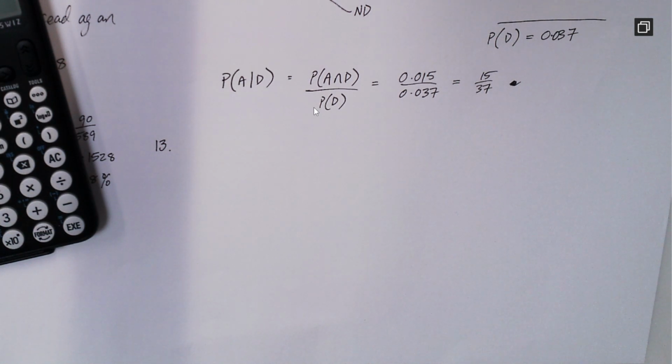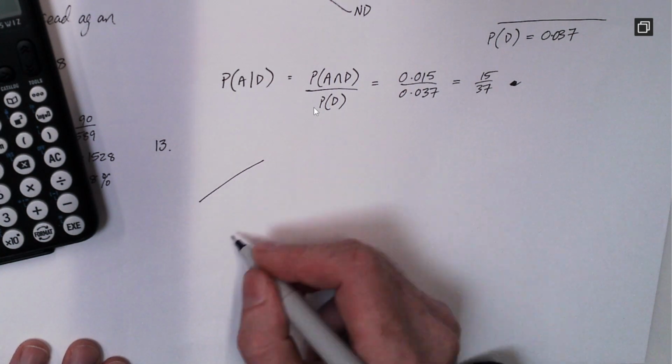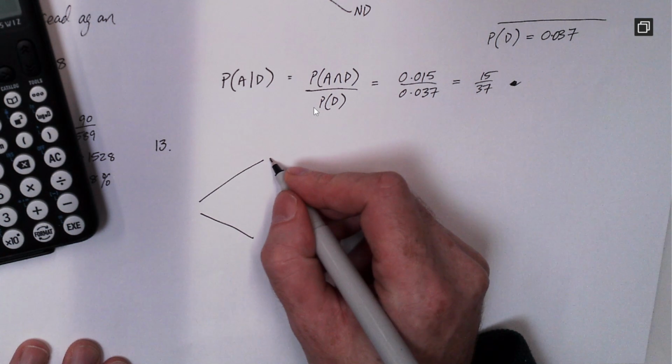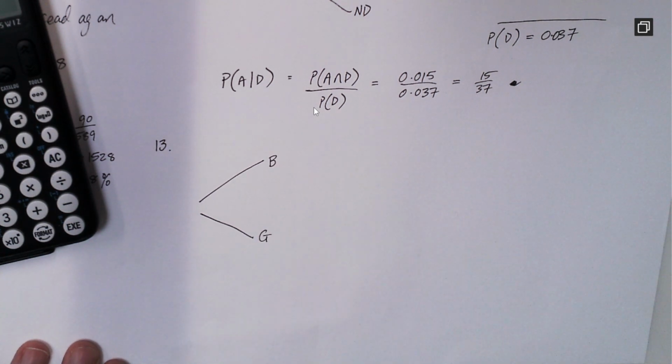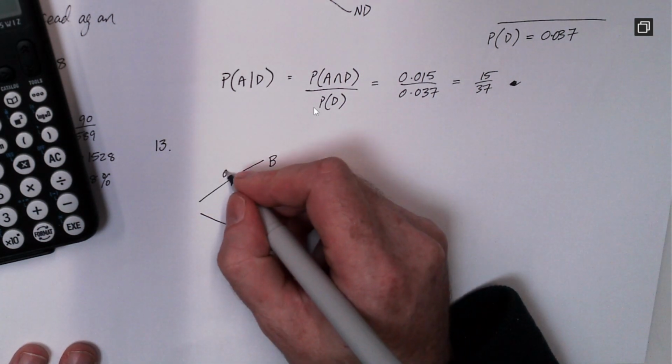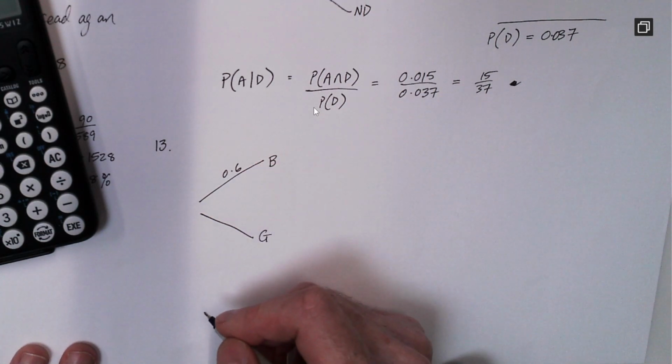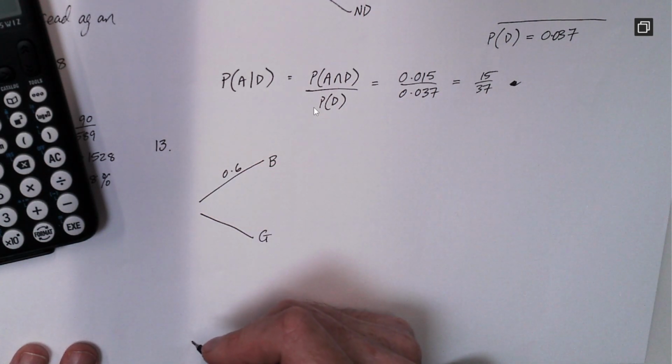Okay, so we can do a Venn diagram, boy and girl. B and G. Now, 60% is 0.6 for boys, alright? So the girls would be 0.4.